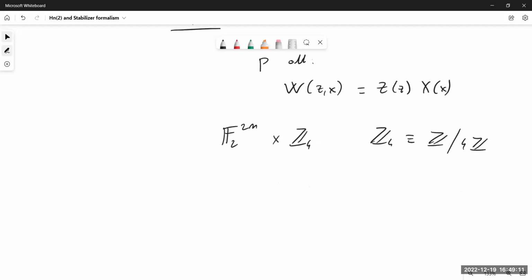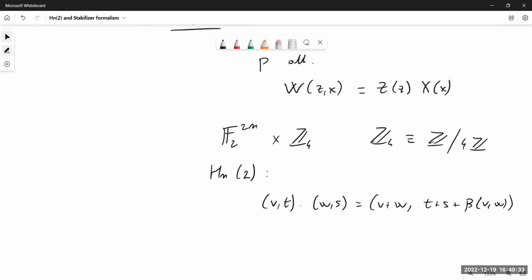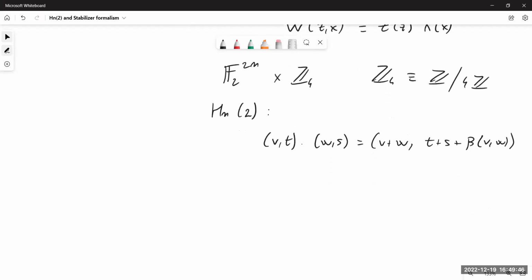And for the qubit Heisenberg group, we introduce the following multiplication rule. The first factor is the same, but in the second factor we introduce a function that Marcus called beta in his thesis, and I'm just following his notation. This function must satisfy a couple of properties. Now I just give you the way it is defined.